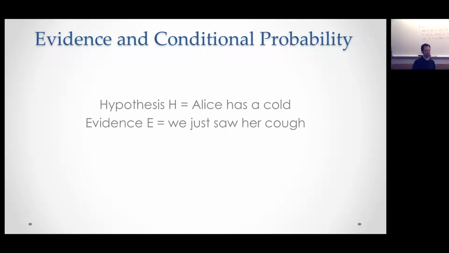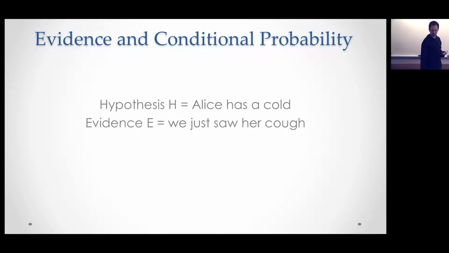I'm now going to expand on this a little bit into this evidence and hypothesis framework, which is an extremely clear framework for thinking about many statistical problems. So let's say we observe this person coughing, and we want to know, and this is why I introduced the base rate, whether she has a cold.